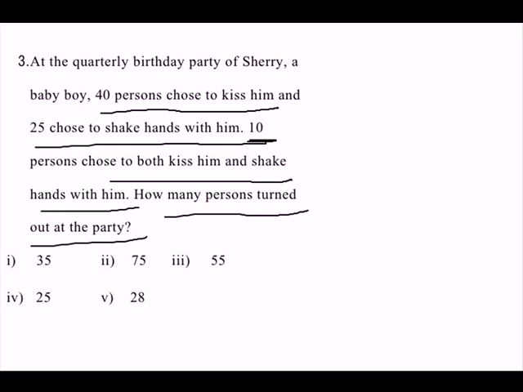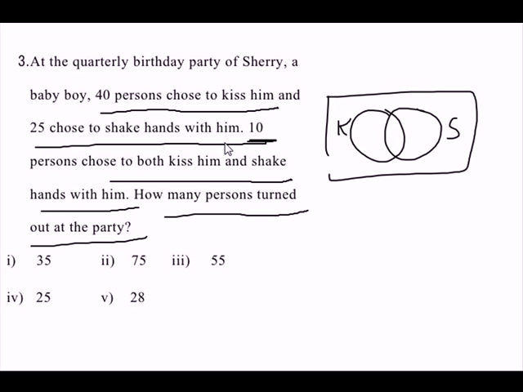So the thing about Venn diagrams is that we need to first represent this information in a Venn diagram. So what do we have here? We have 40 people kissed and 25 shook hands. So let me draw 2 circles. So K denotes people who kissed and S people who shook hands, and for the sake of completeness I will draw the universal set.